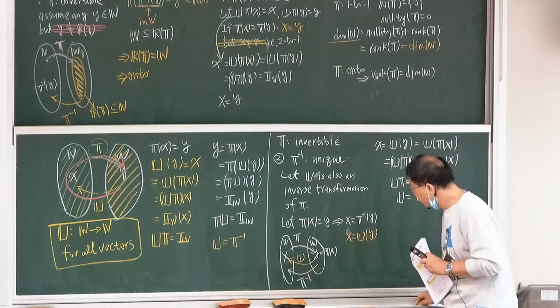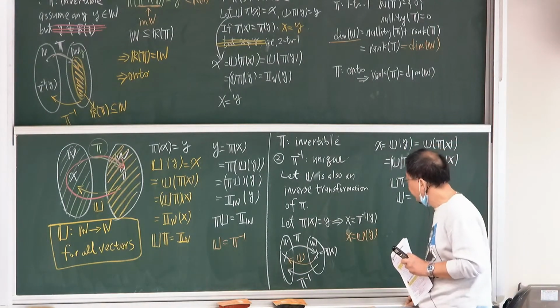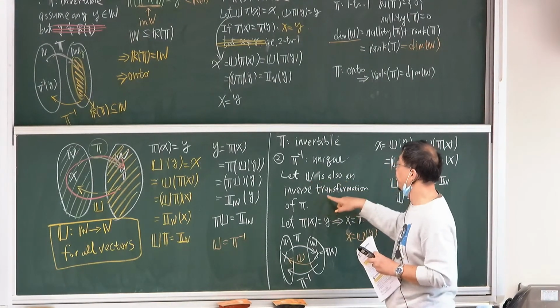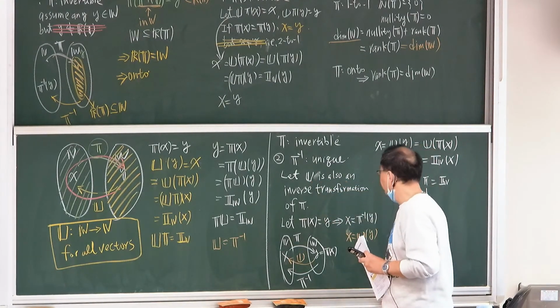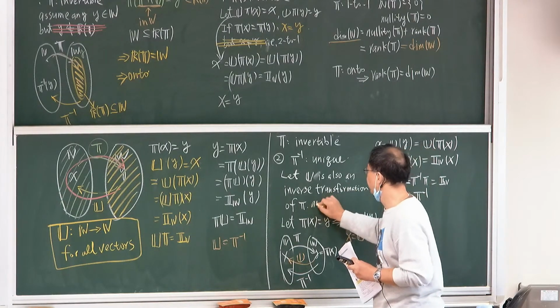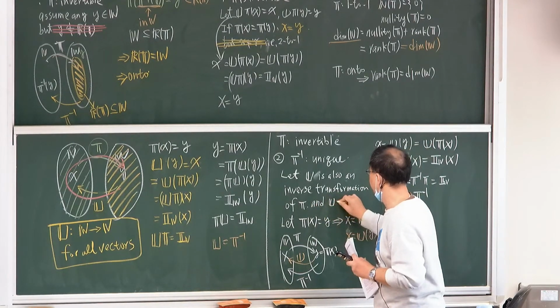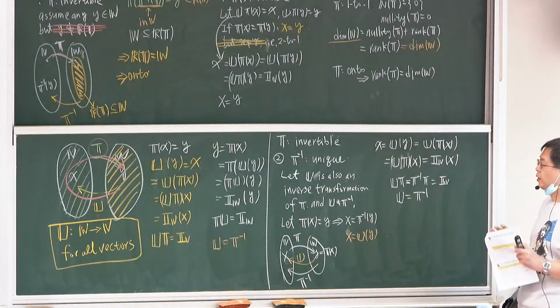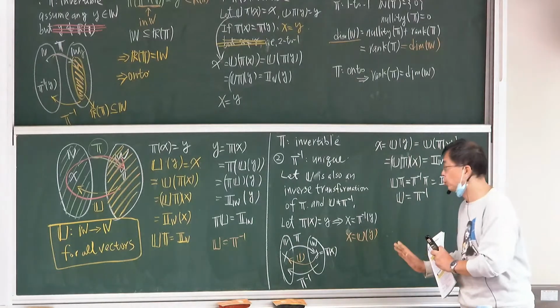So if we assume that U is also an inverse transformation of T, and U is not equal to T inverse, because we want to prove uniqueness, we assume they are not unique.